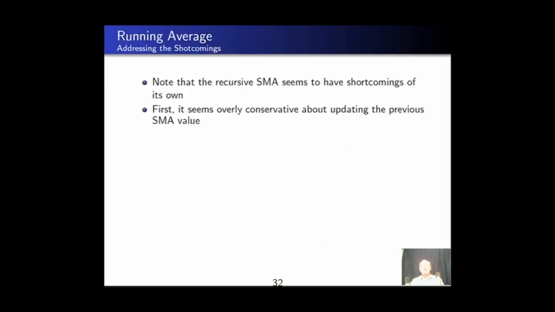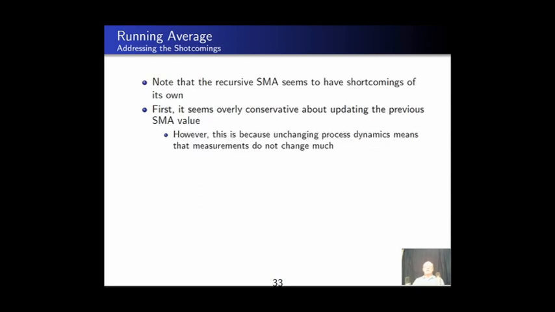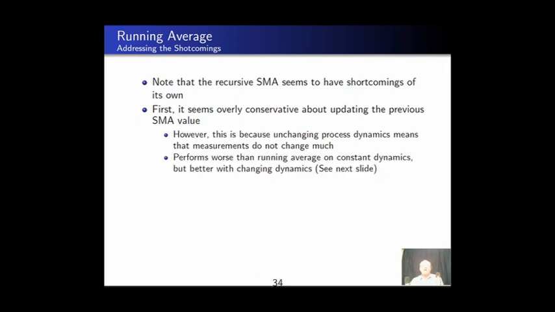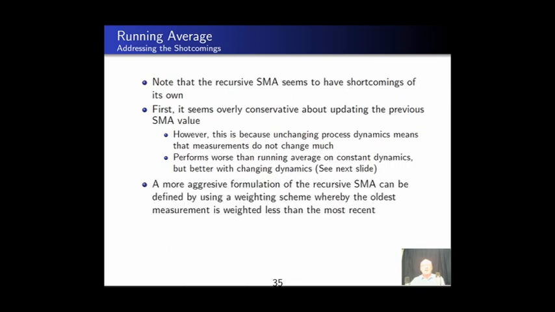So it has some shortcomings of its own. It's somewhat overly conservative about updating the previous SMA value. However, this is because the unchanging process dynamics means that the measurements don't change much. So it does well on a dynamic situation where it is changing, but it's slow to change. That's part of the problem.